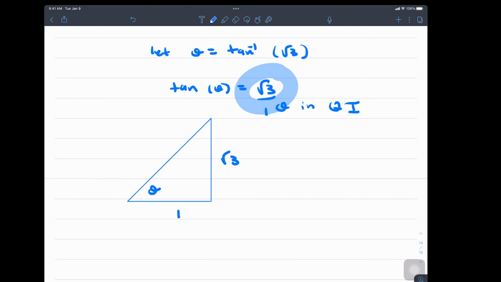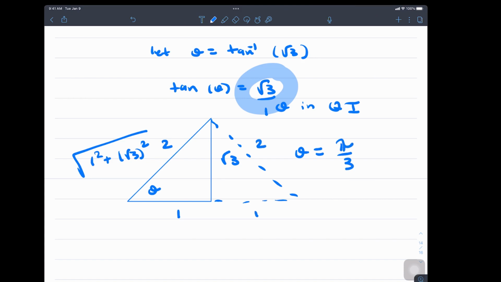Opposite over adjacent. What does that mean about my hypotenuse? Right? Isn't that 1 squared plus the square root of 3 squared, which is 1 plus 3? It's actually square root, right? Oh, this is 2. And you say, Mr. Judge, I've seen this special triangle all throughout the course. What is theta? Right? You guys know what I'm talking about? Isn't that 60 degrees? Pi over 3. Okay, you guys okay with that one?